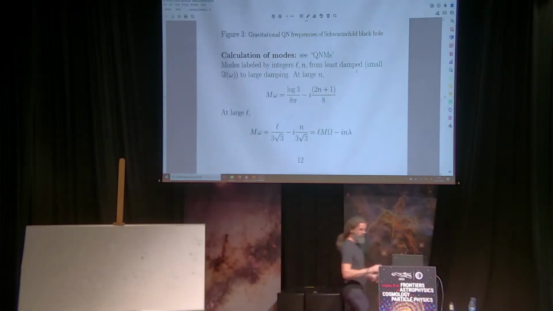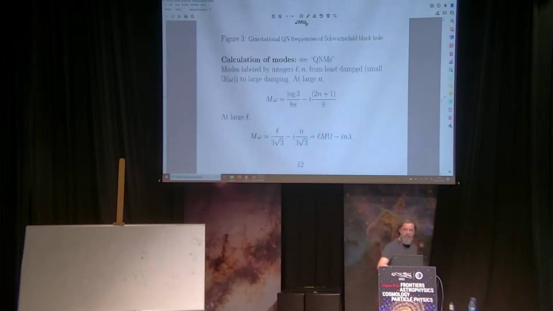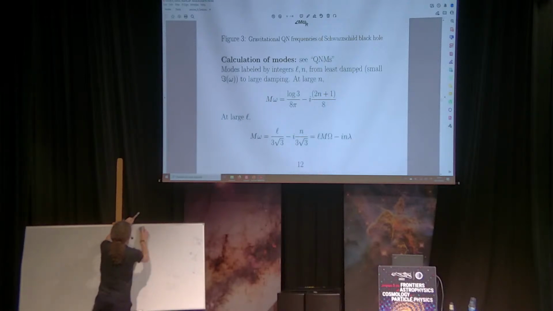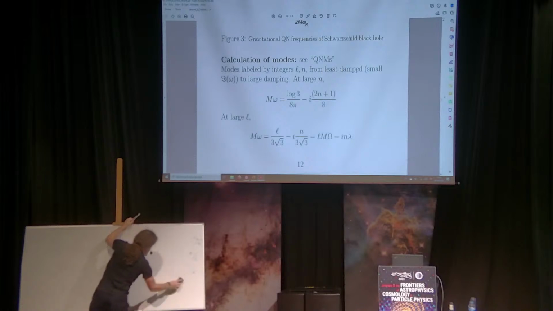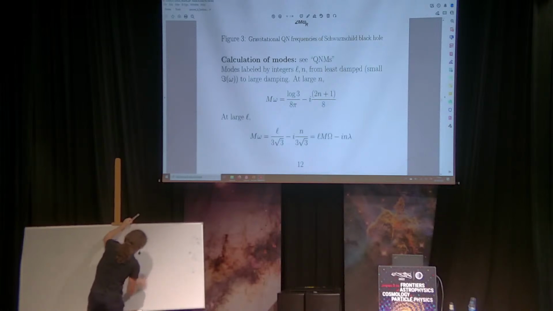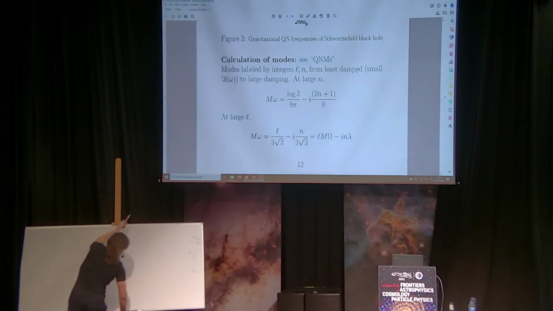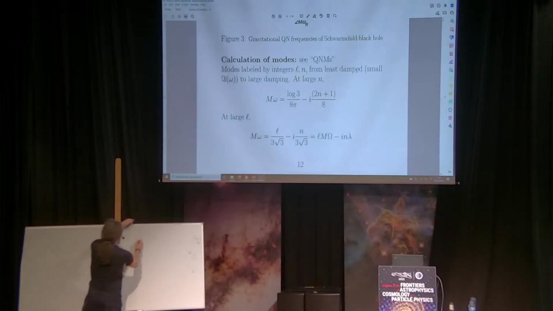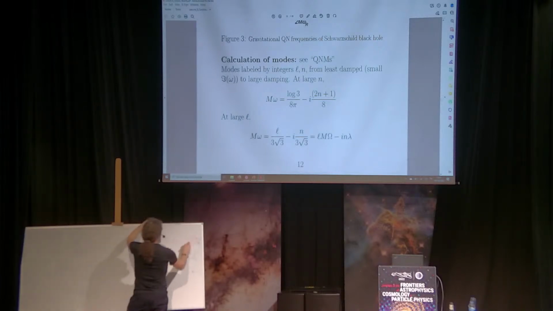What's relevant for LIGO is the fundamental mode, the dominant mode, which for L equals 2 gravitational fluctuations, M omega, is of the order 0.37 minus 0.089 i.